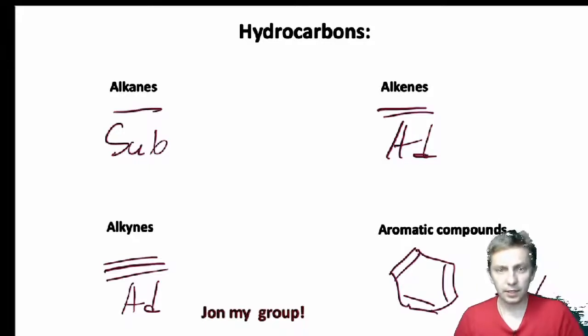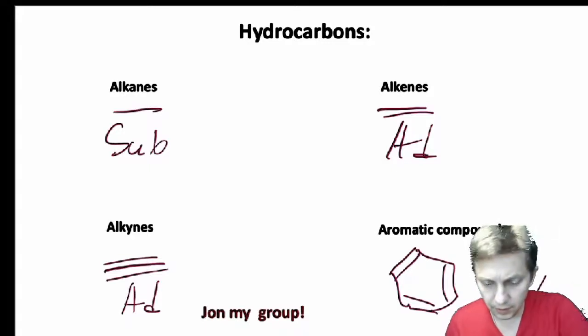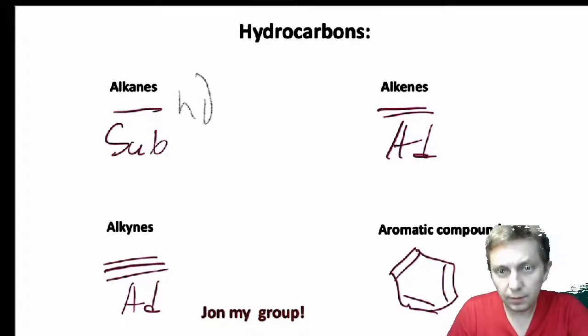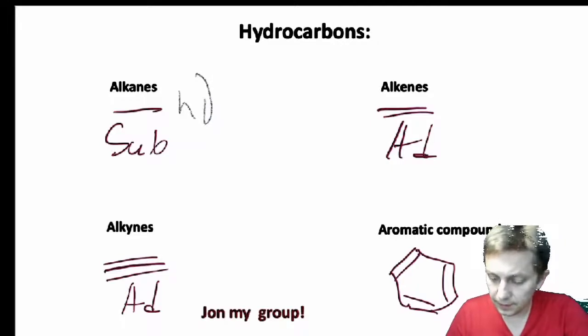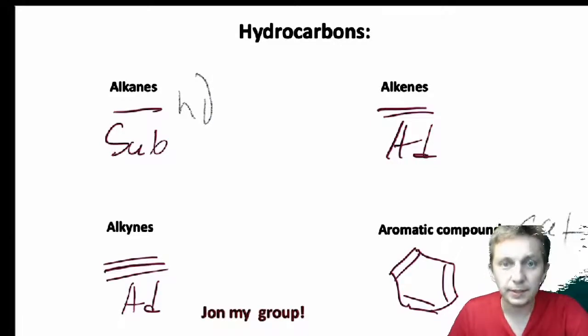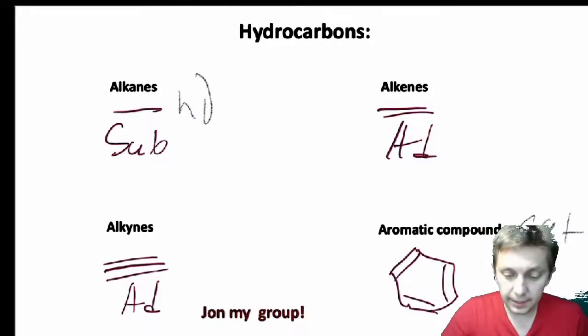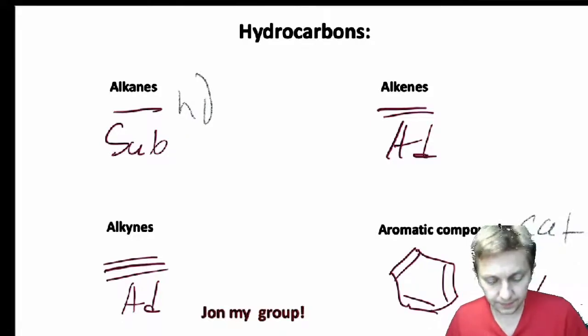Additionally, as conditions for reactions, here we need ultraviolet, here we need a catalyst, and for alkenes and alkynes, in many cases no additional compounds are required. Let's see this on examples.